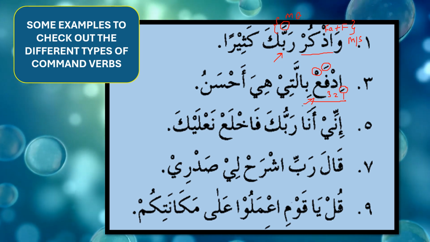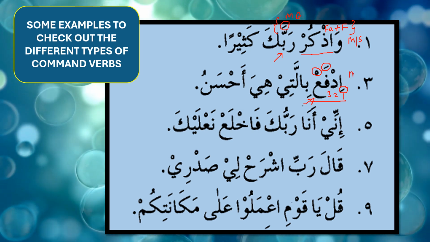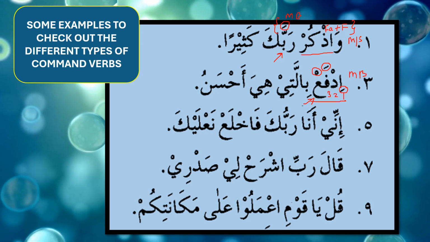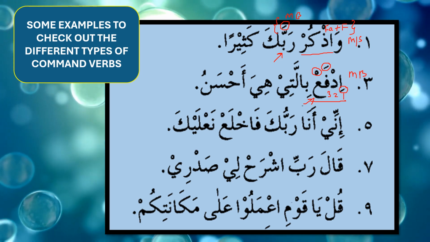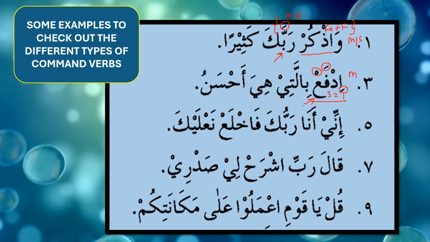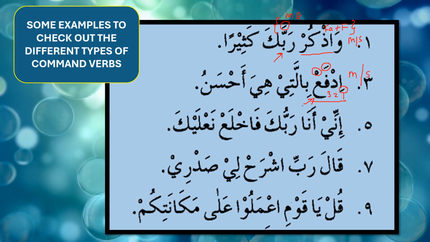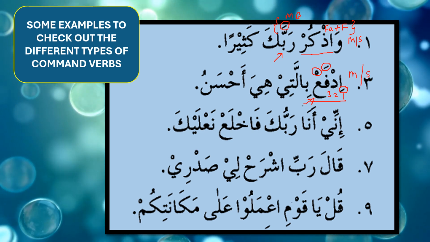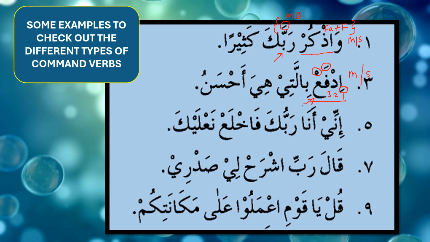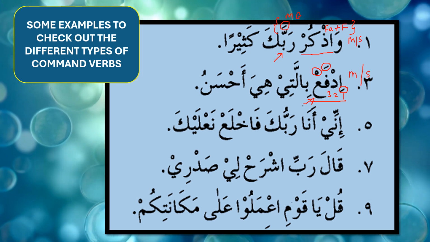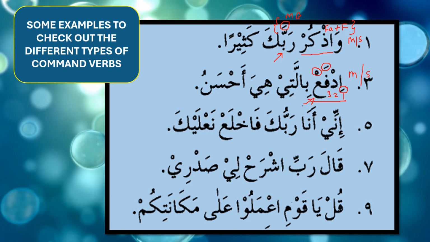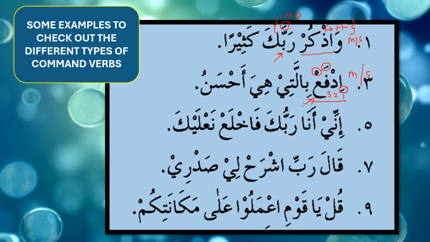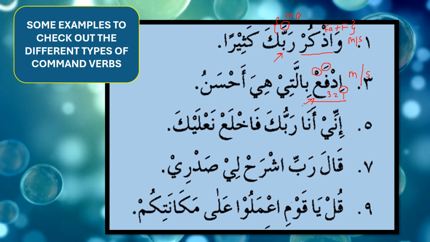So this command is for male singular, and the file is hidden inside, and it is taqdiruhu anta. So idfa billati hiya ahsan. Idfa means pay with it. Hiya ahsan, it is the best for you.